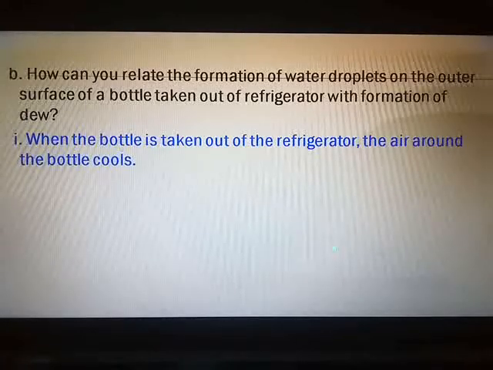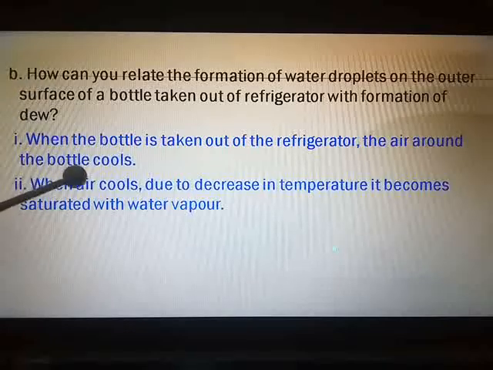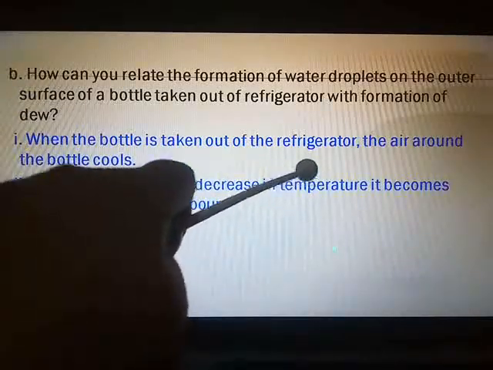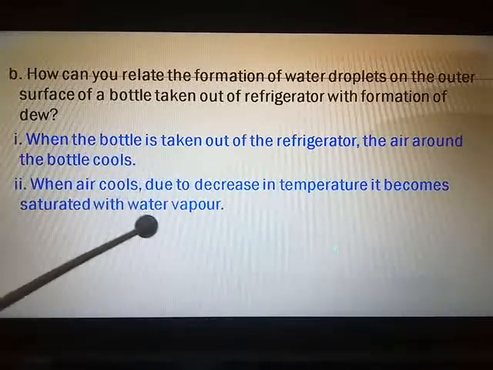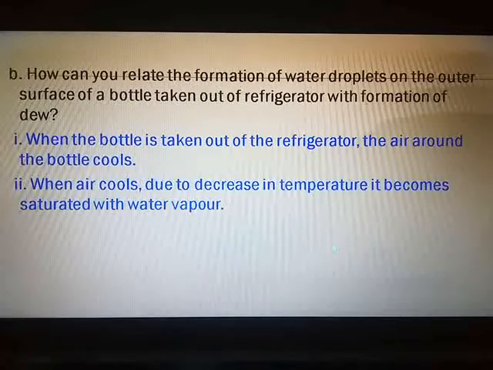So that should be your first point. When air cools due to decrease in temperature, it becomes saturated with water vapor. Now this point you will get in the textbook. You can mark in the textbook on page number 67. Page number 67, in the center of the page you have an activity, try this.